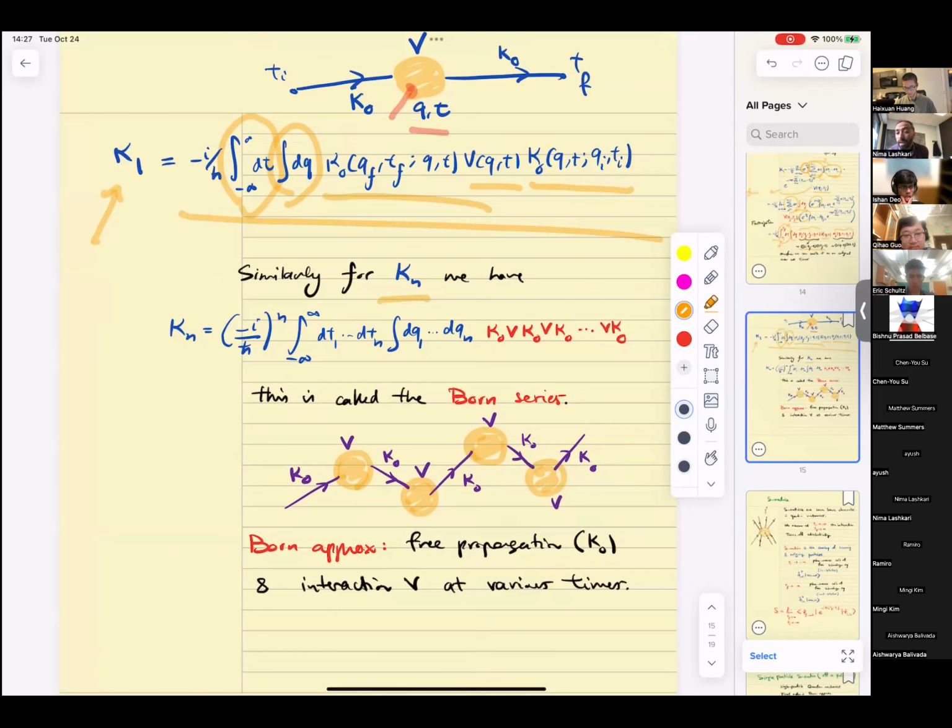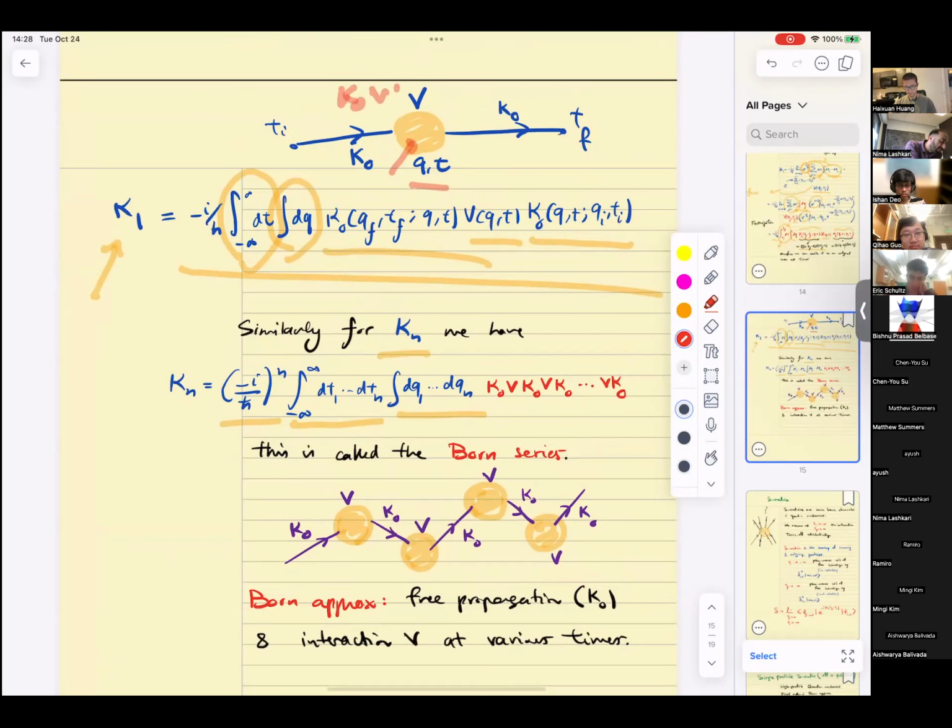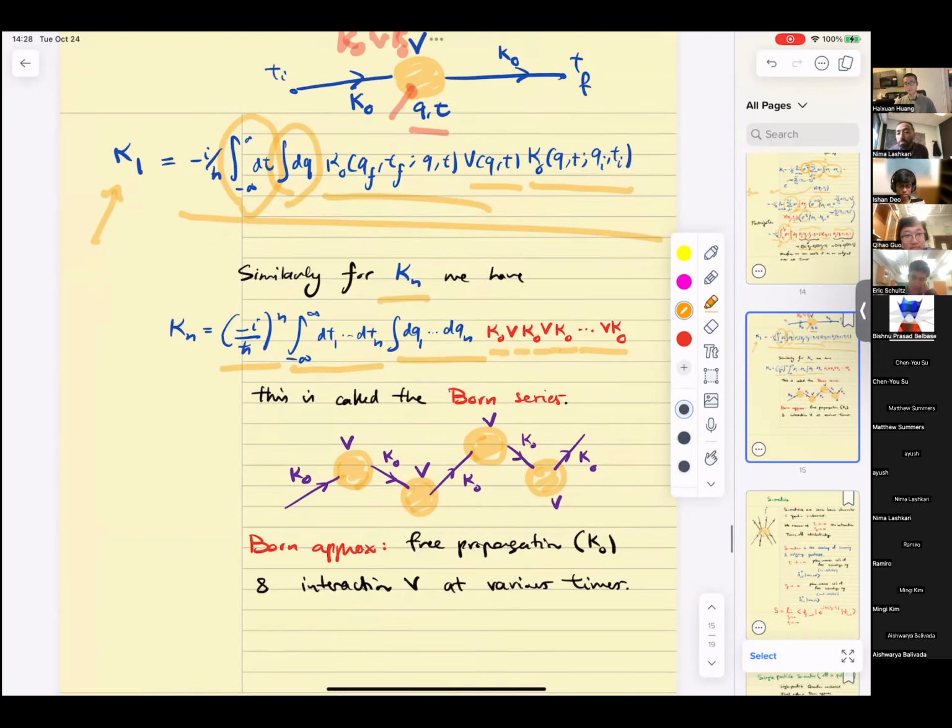If you did this for nth order, you're going to find the following expression: minus i over h bar to the power of n, n integrals in time, n integrals over q, an expression that looks like this. Previously, what we found was K0 V K0. At nth order, we're going to find K0 V K0 V K0 all the way. This is called the Born series.